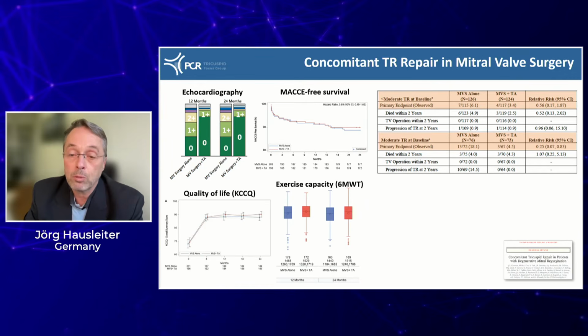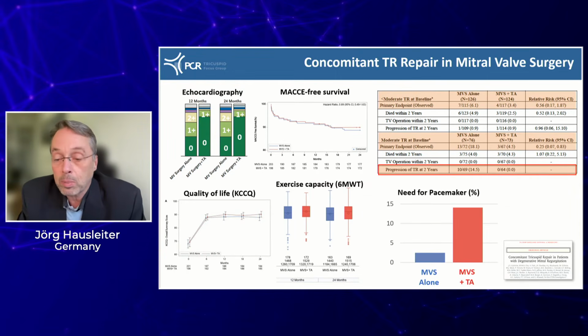While for those patients who had moderate TR to start with, there was a significant reduction in the primary endpoint, and this was mainly driven by the progression of TR at 2 years. So patients progress from moderate to severe TR in about 14.5% of patients if the tricuspid valve was not receiving a surgery. However, there's a downside of this.